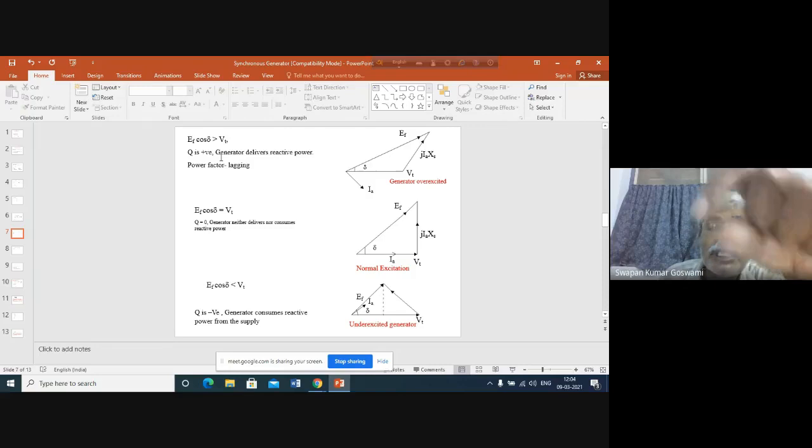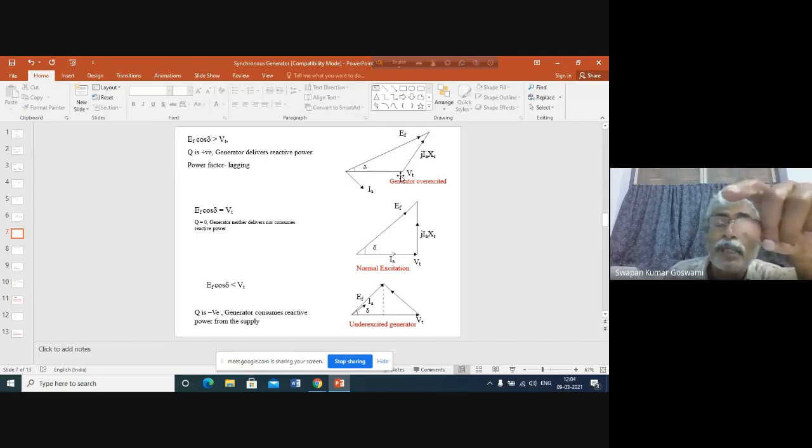So when EF cosine delta is greater than VT, the generator will deliver reactive power. Am I clear? The generator always delivers active power, there is no question about that. But it will deliver reactive power only if EF cosine delta is greater than VT.